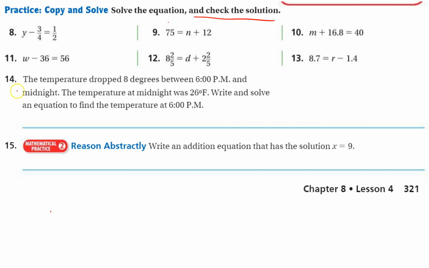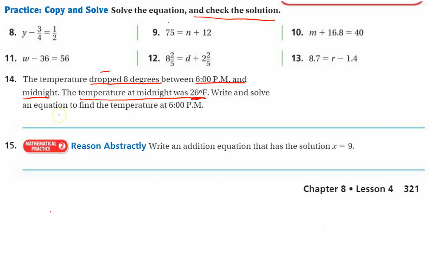All right, I'm going to jump down to number 14 really quick, this word problem. The temperature dropped 8 degrees. So if it dropped, it went down minus 8 degrees between 6 p.m. and midnight. The temperature at midnight was 26 degrees.